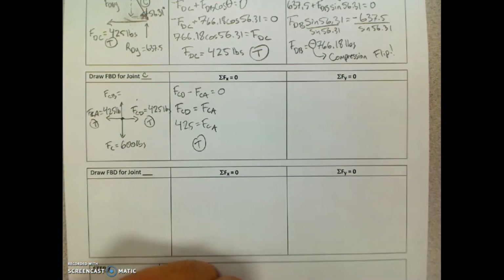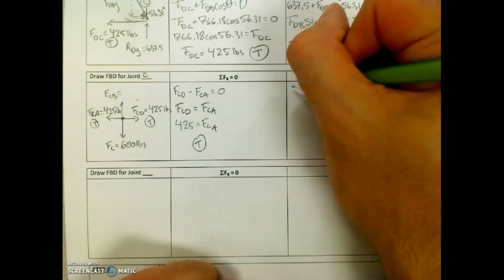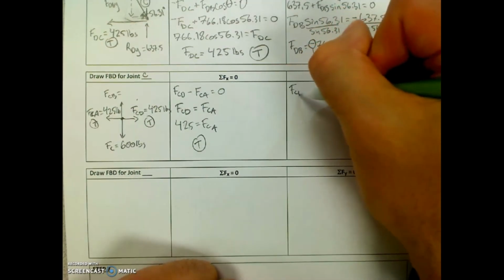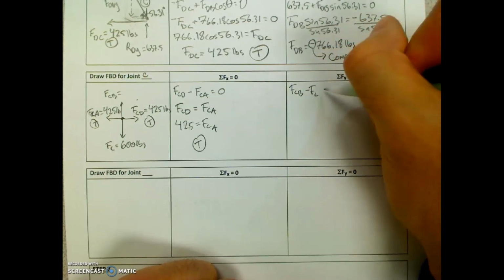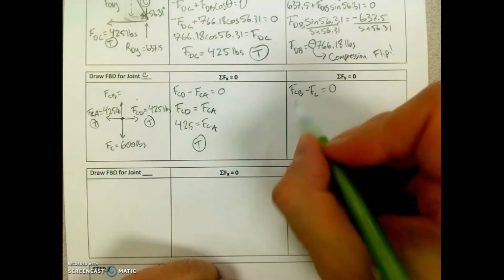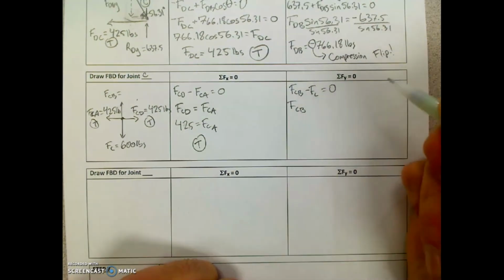So let's go to our y direction shenanigans. So we have FCB, which is positive because it's pointing up, minus FC because it's pointing down. And we're going to find the exact same thing. This is going to be nice and easy. FCB, I'm going to skip a step.